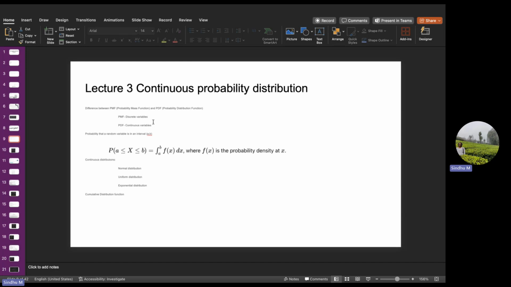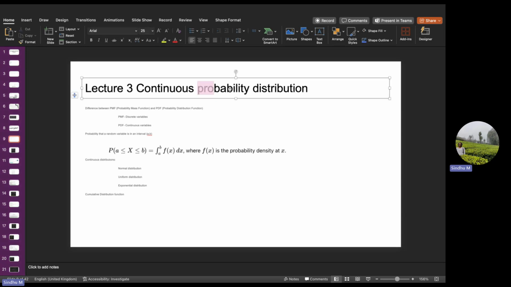So in the third lecture, we discussed probability distribution again, but this time for a continuous probability distribution. A continuous probability distribution is used for continuous variables, for example, population height.